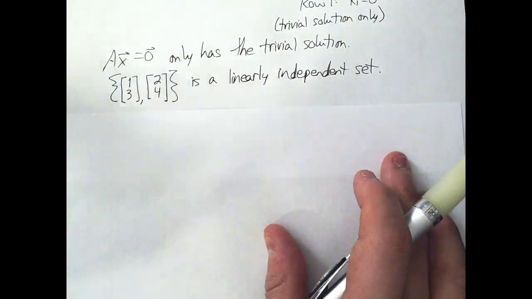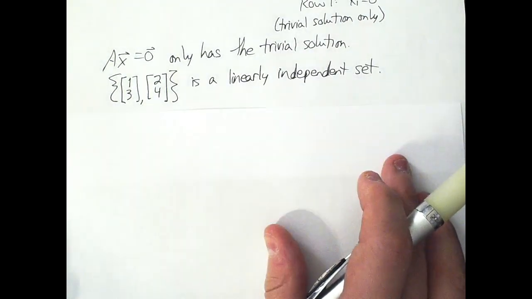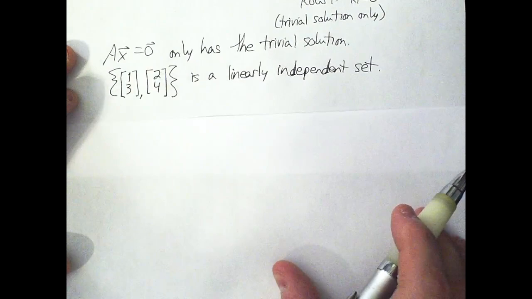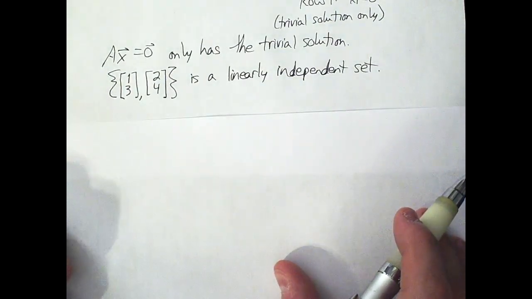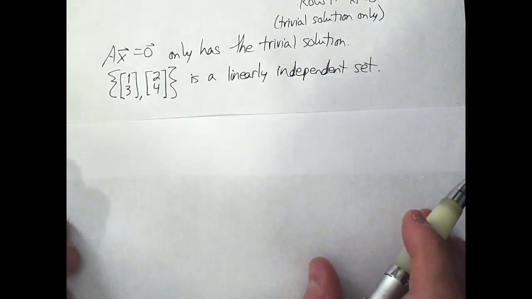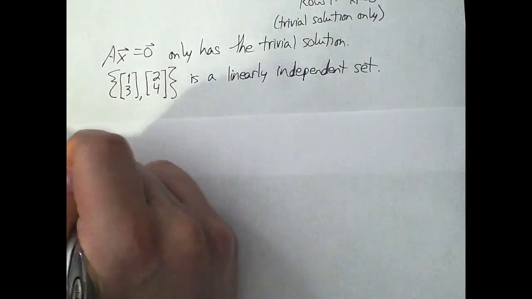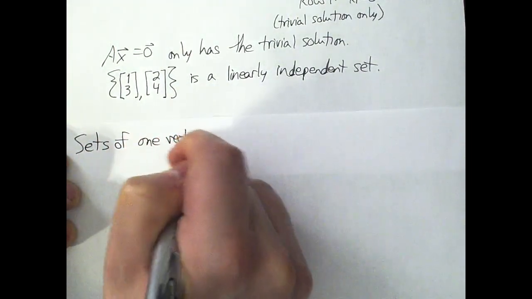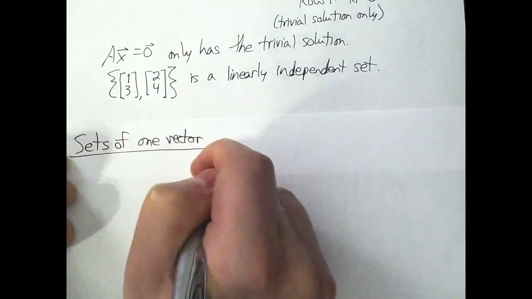So it would be nice to be able to tell if things are linearly independent, maybe with some shortcuts. It seems to me like the smaller the set, the easier it should be to answer. So we're going to start with sets of one vector.